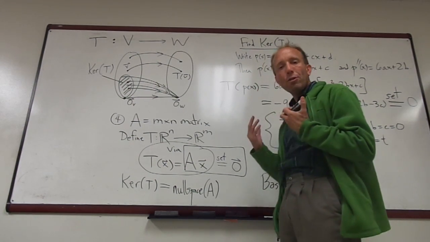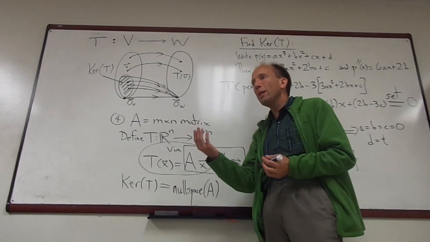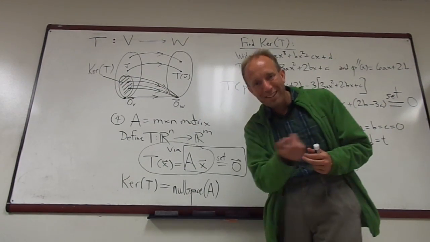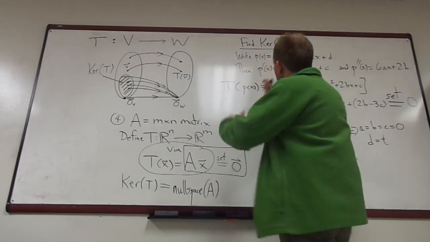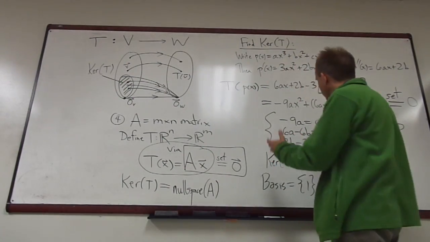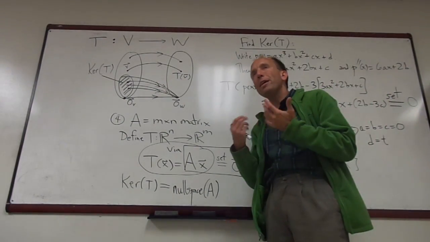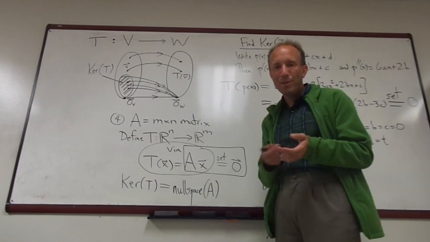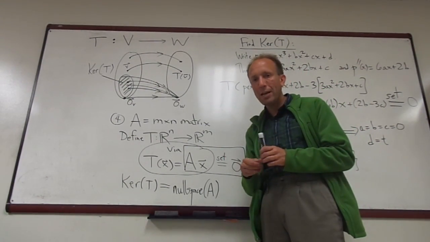So that's just my crash course on the kernel of a transformation. It's just telling you which vectors are killed by the transformation capital T. It depends on the problem, of course, and you have to solve something usually to come up with it, but you're solving equations in the same way that you've been solving them all semester, so there's nothing really that new about that. Okay?